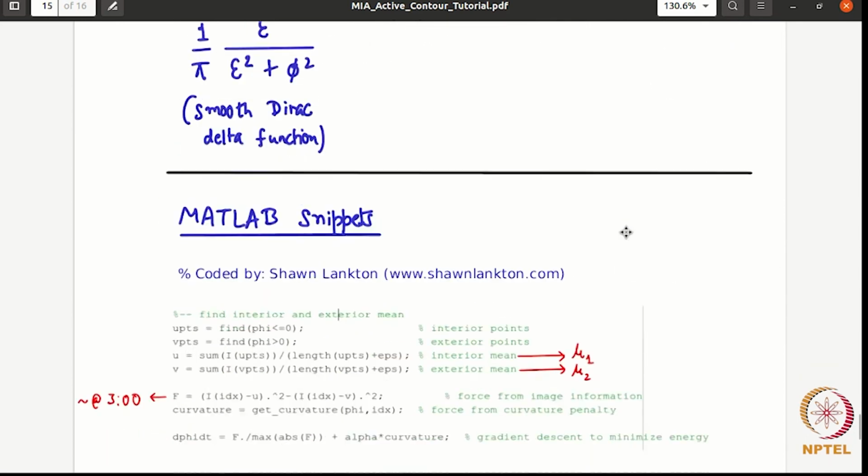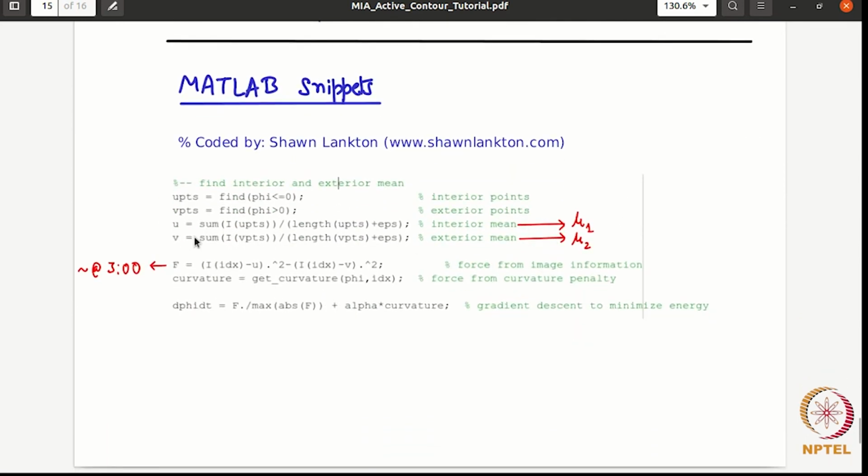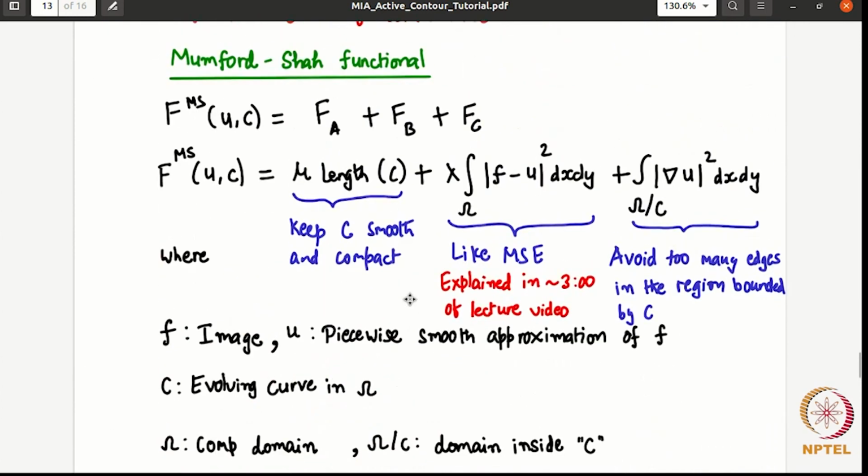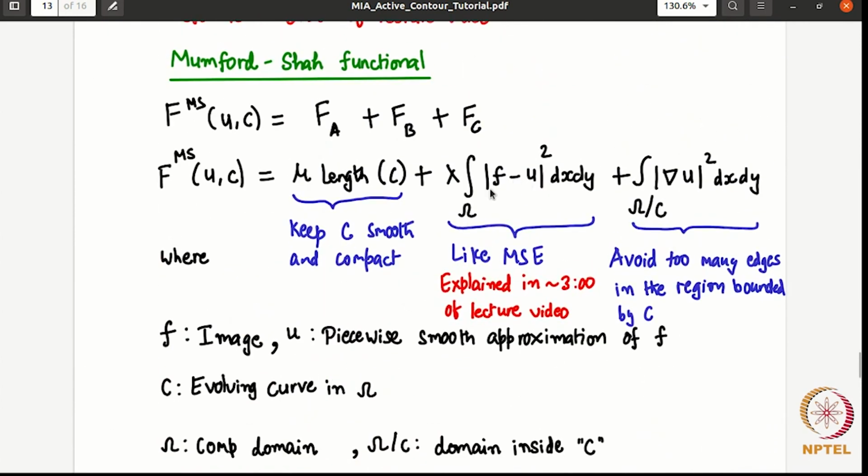We are calculating it in MATLAB like this, and then this formula, the force from image information: I minus u square plus I minus v square. This is the same as this f minus u.